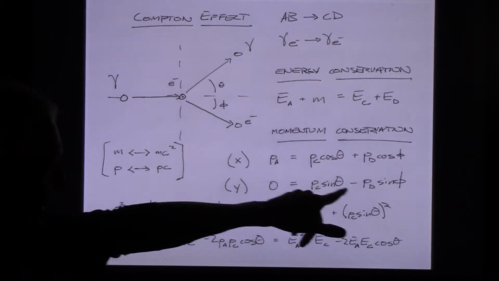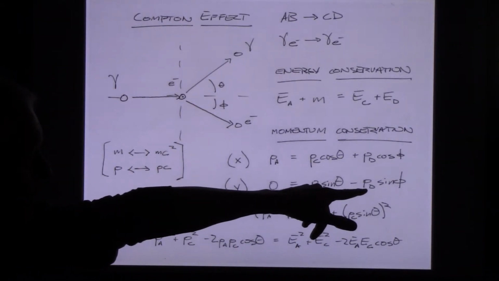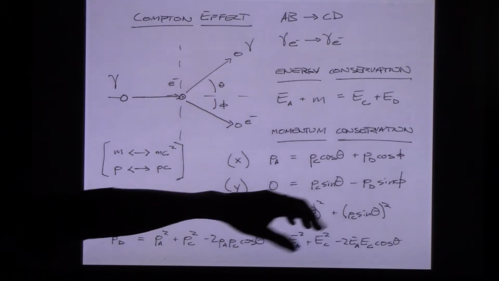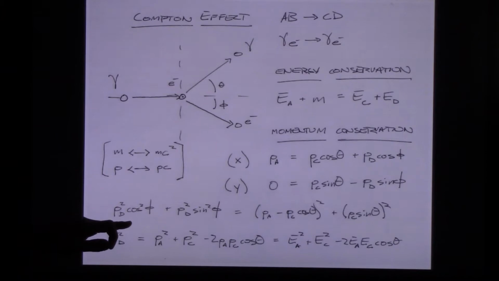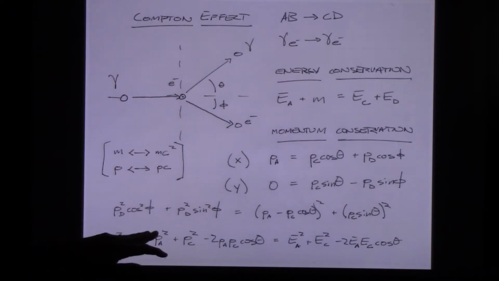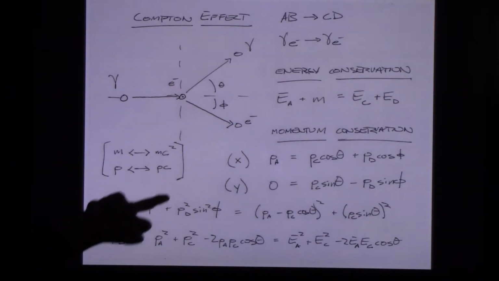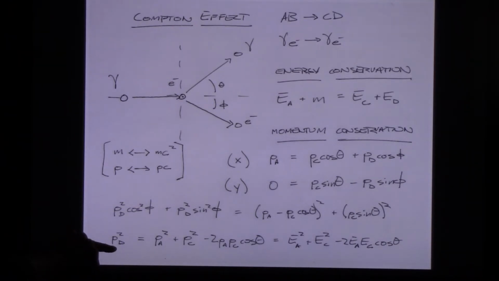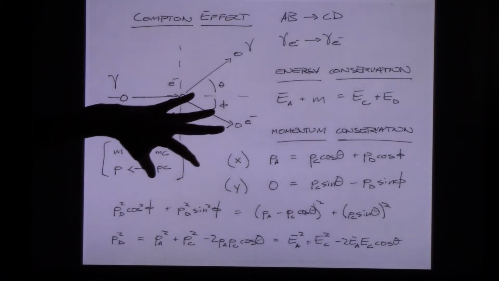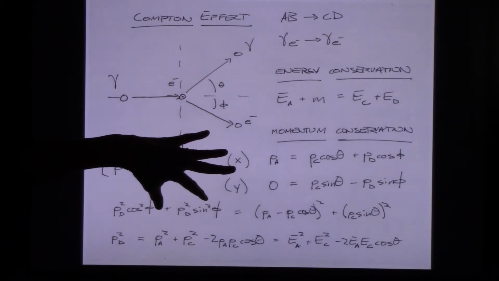I can take these two, see the momentum components for the electron? I'm going to take the two components of momentum for the electron, PD cosine phi, PD sine phi, square them and add them together. When I square the two components and add them together, I'm going to get the momentum of the electron squared.